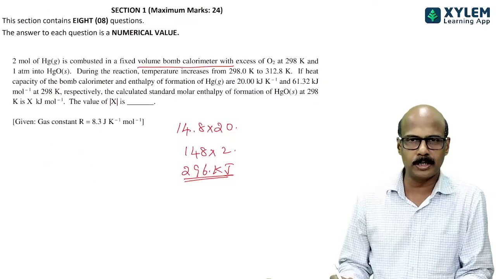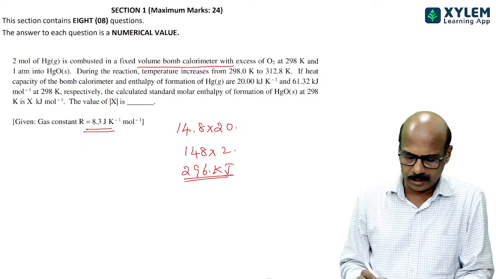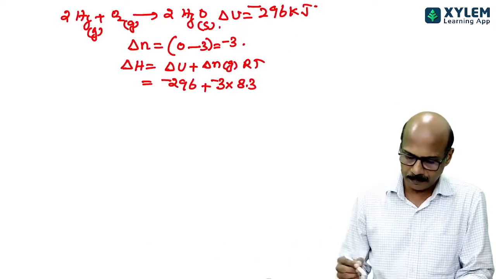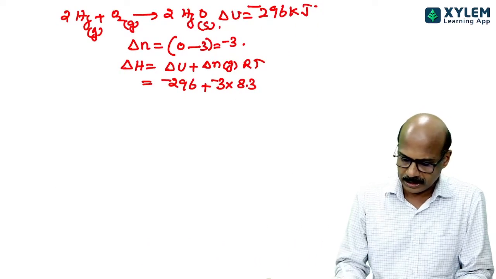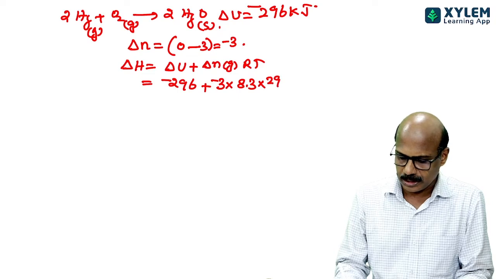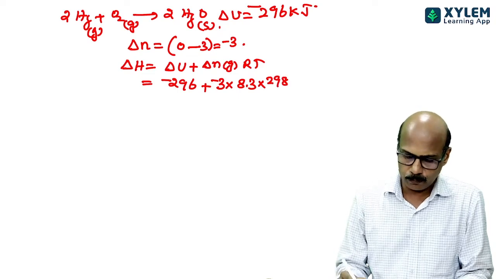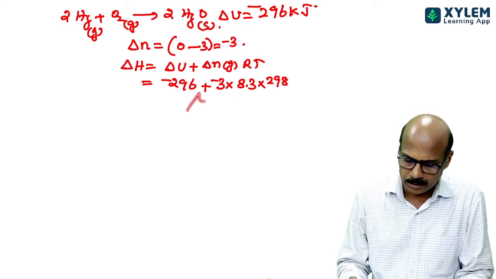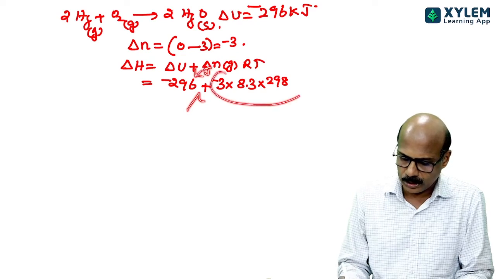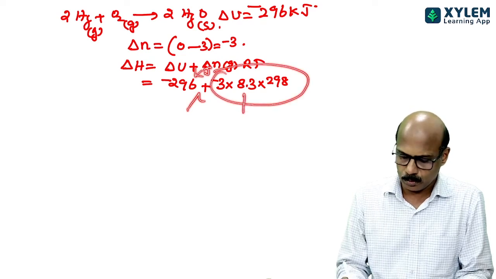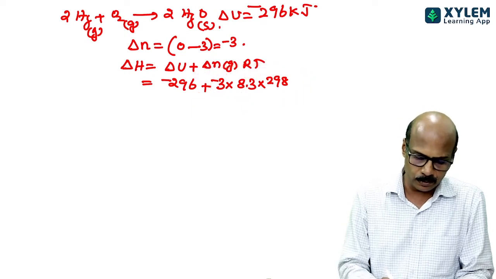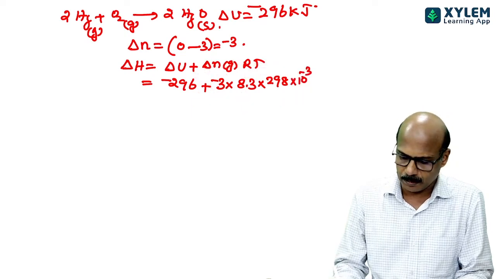Even though it is 8.314, they say R can be taken as 8.3. Into what will be temperature here? The temperature is 298 Kelvin. Please don't forget, this term is given in kilojoule. So in order to get this part in kilojoule, you put 8.3 into 10 to the power of minus 3.